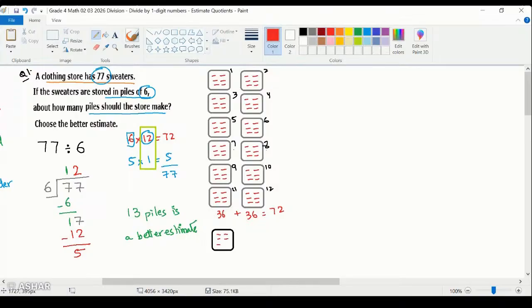That means 12 piles and then a 13th pile. 72 sweaters were arranged in 12 piles, then the remaining 5 sweaters would be arranged in the 13th pile. Do we agree? There would be 13 piles of sweaters. Okay, let's look at another example.